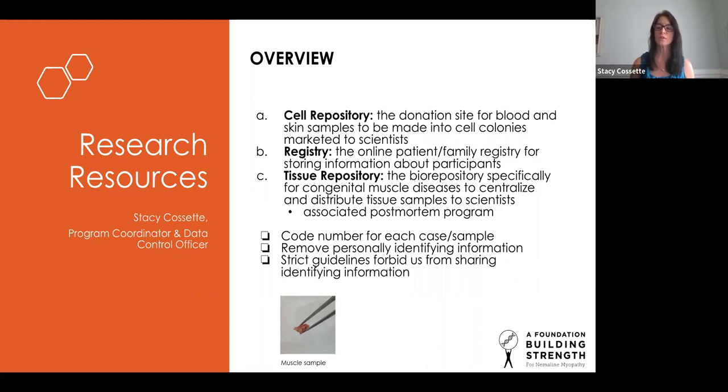We also have an associated postmortem program. One important priority that all of these programs have in common is protecting your privacy. To do so, a code number is established for each case or sample. We remove personally identifying information, and we follow strict guidelines that forbid us from sharing any identifying information.